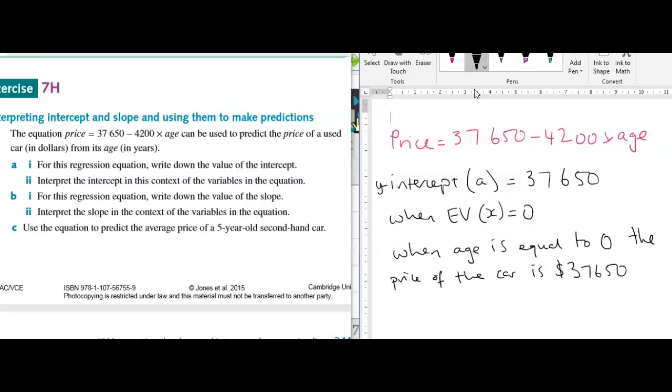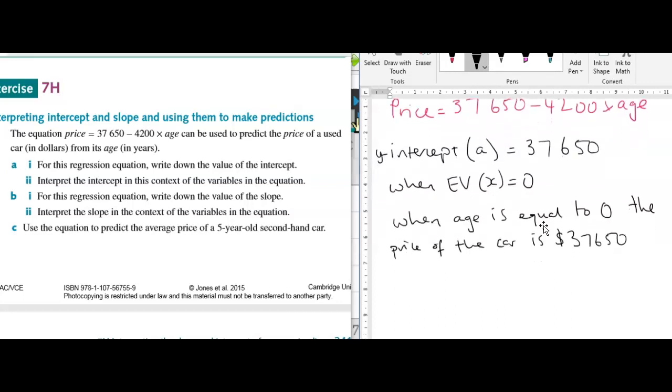And when you think about it, the cost of a car decreases with age, unless you have a fancy old car. That's how you would interpret your y-intercept. When your explanatory variable, in this case age, is equal to 0, the price of the car is $37,650.